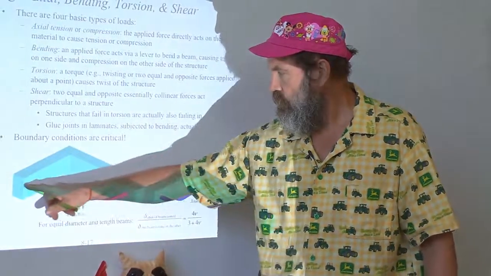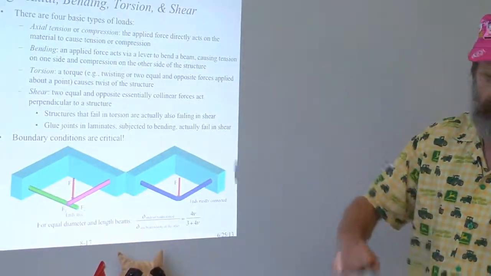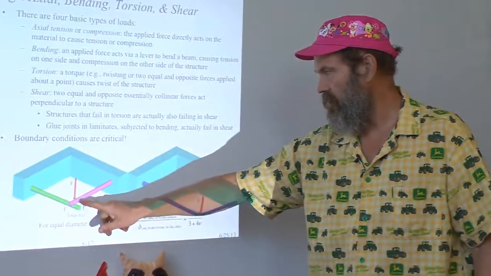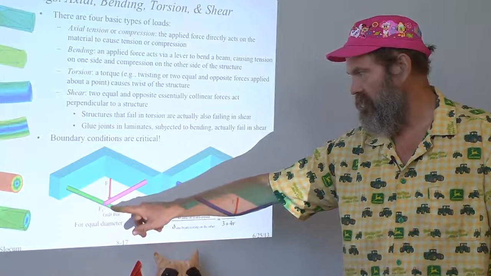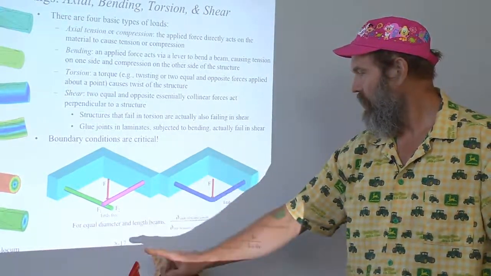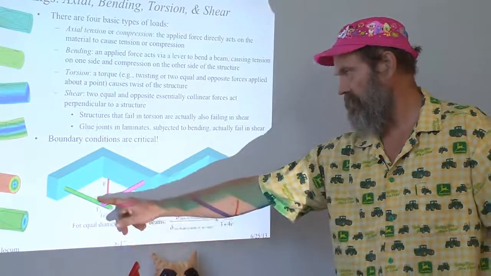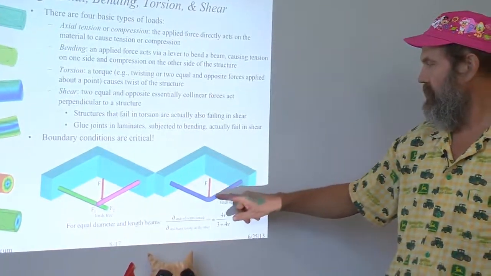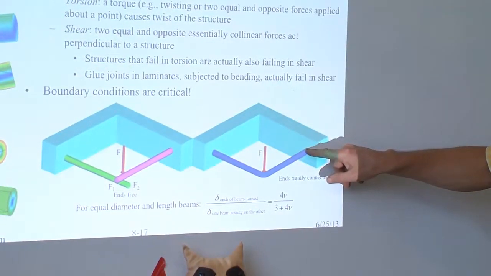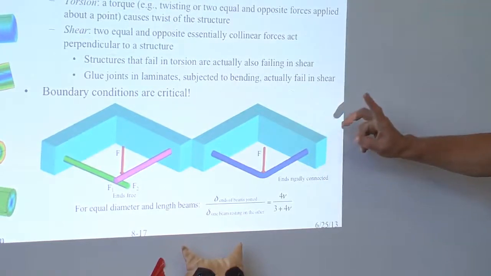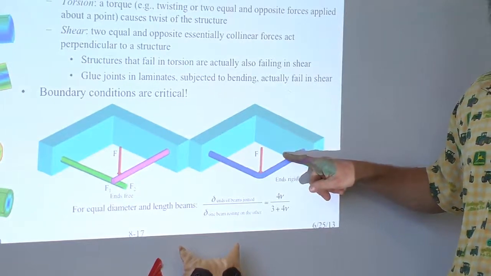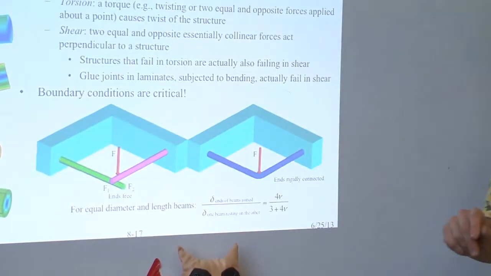If you have two beams laying on each other, with force applied to them, but without a real stiff connection, just a simply supported type connection, what is the vertical stiffness of this compared to if these two members were perfectly connected? It turns out that this system is significantly stiffer than this system.